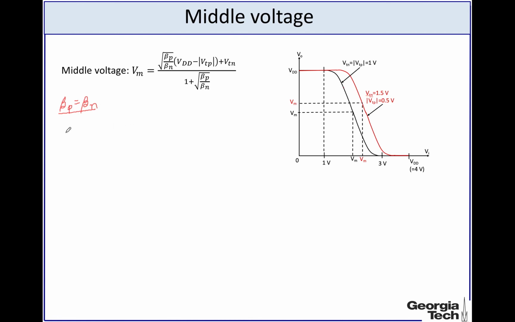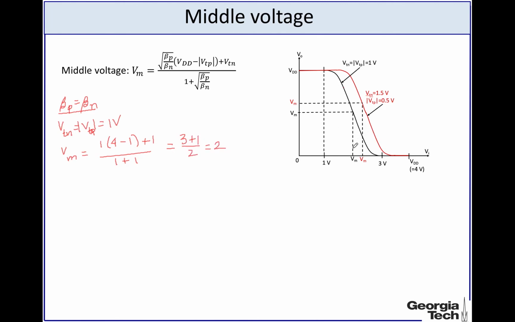So let's consider the case when VTN equals VTP equals 1 volt. Then you will clearly see that VM equals 1 multiplied by 4 minus 1 plus 1, divided by 1 plus 1, which equals 3 plus 1 over 2, which is 2 volts.